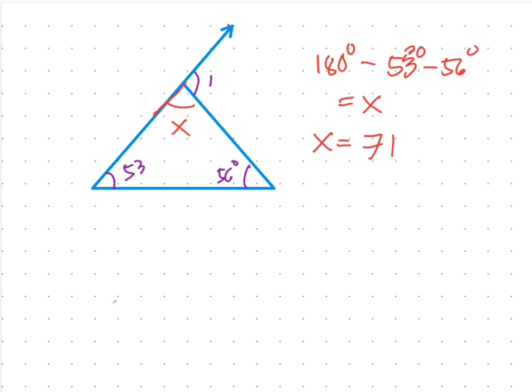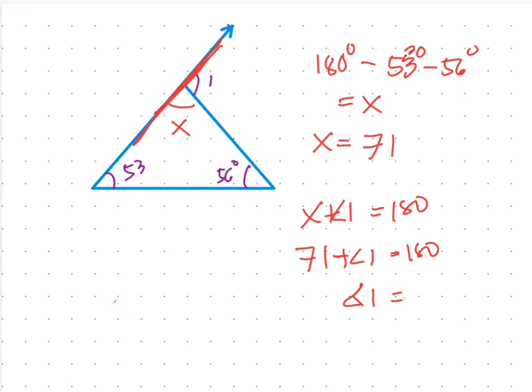And this one is a straight line, right? So the measure of this is 180. So x plus angle 1 is 180. 71 plus angle 1 equals 180. Therefore angle 1 is equal to 180 degrees minus 71.